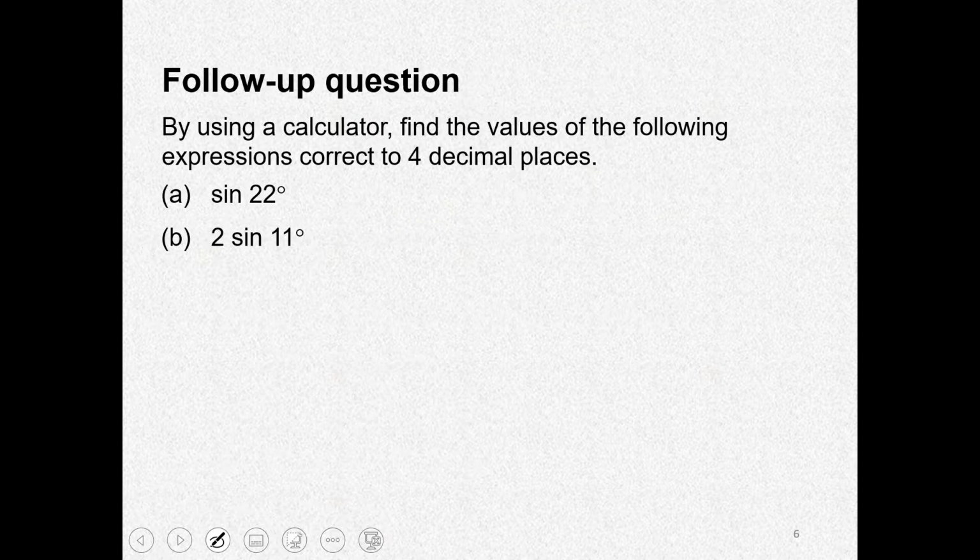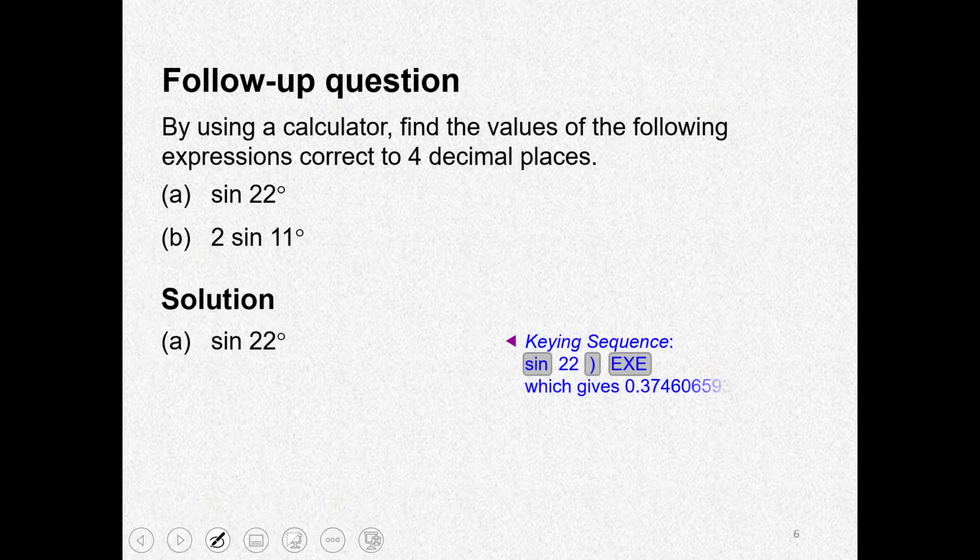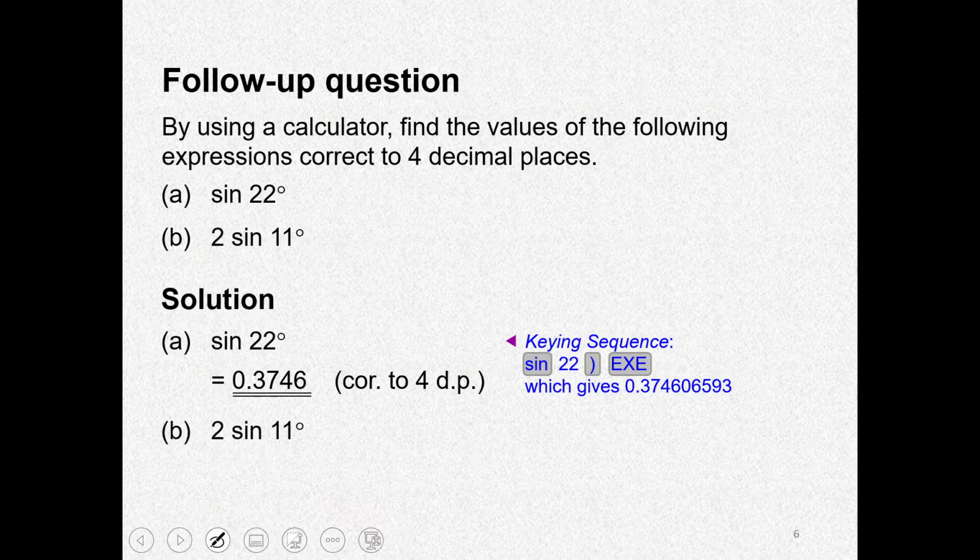So next, it's your turn. Okay, try to make use of your calculator to find out the values of the following expressions. A, sine 22 degrees. So you can look at the keying sequence on the right hand side, and then it gives you the answer. Okay, and then for part B, we can just follow the sequence.